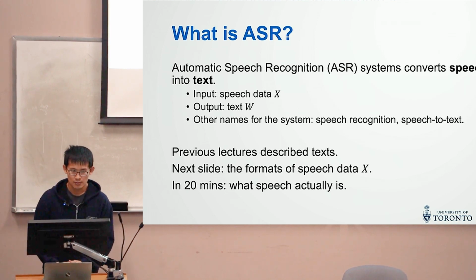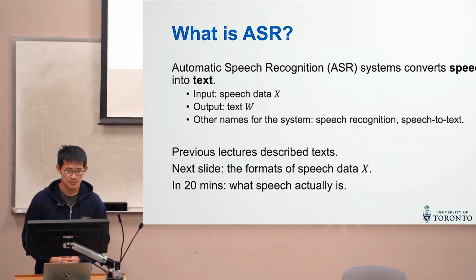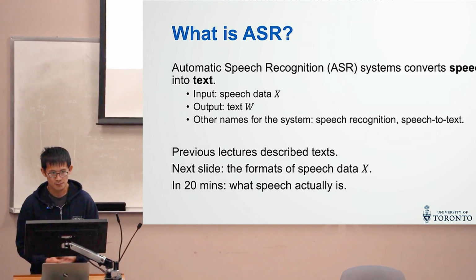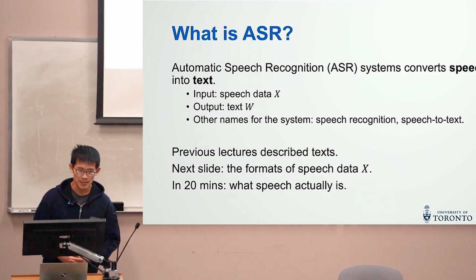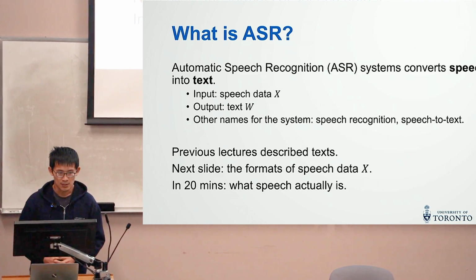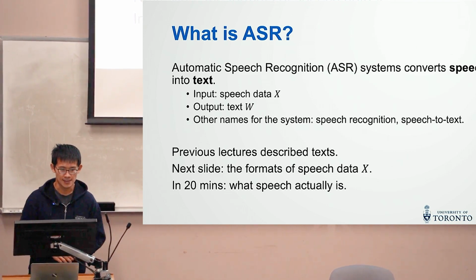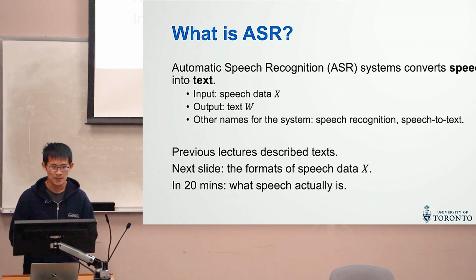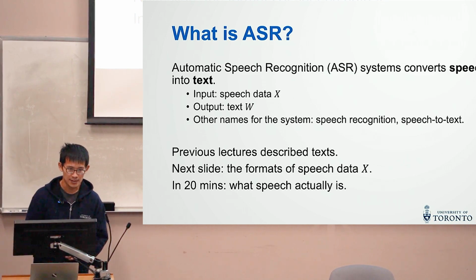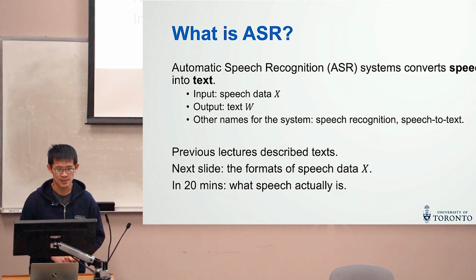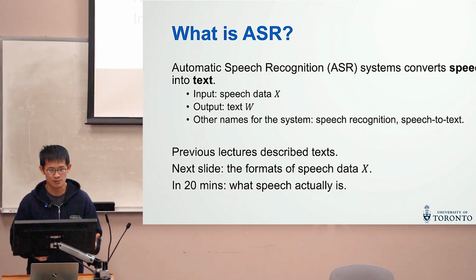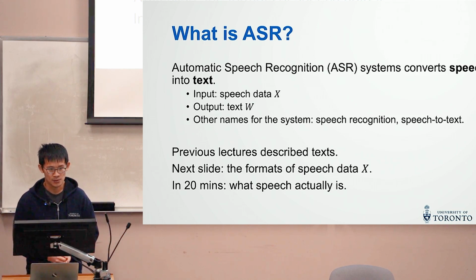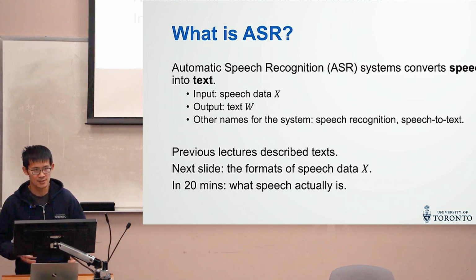So in the previous lectures, we described some properties of text. For example, the features that we extract from the text. And we also described how to build natural language processing systems that can understand multiple aspects of the text. For example, the syntax, the semantics, or even some information that is not carried directly by the text, like the pragmatics or the common sense information.